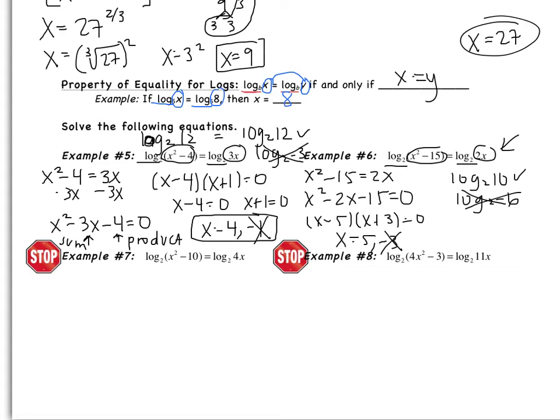Negative 3 is not going to work. So far it looks like x equals 5 is a good answer, but I'm going to substitute back into the left side just to make sure. So in the left side, I get log base 2 of 25 minus 15, which is log base 2 of 10. And my left and right side match, which is good. So my answer is x equals 5.